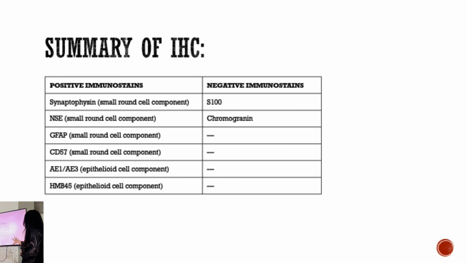Just a brief summary of the immunostains we do here. Negative stains are S100 and chromogranin. For the positive stains, you can remember them based on the two populations. The brown-blue cell population is positive for synaptophysin, neuron-specific enolase, GFAP, and CD57, while the epithelioid cell component, as I showed you before, is positive for cytokeratin and HMB45.